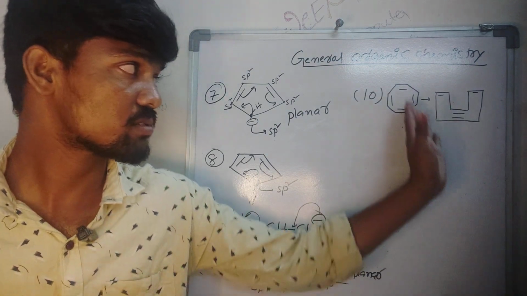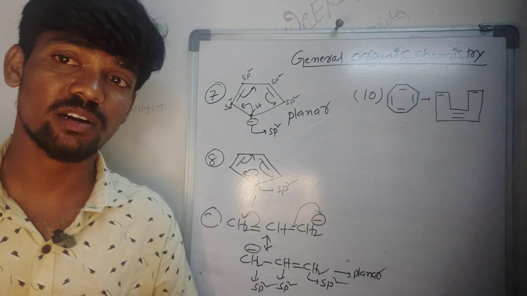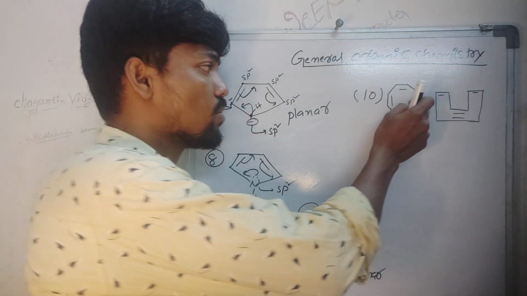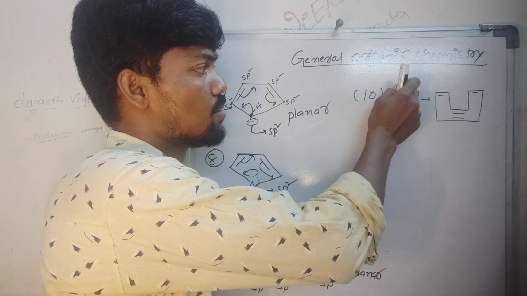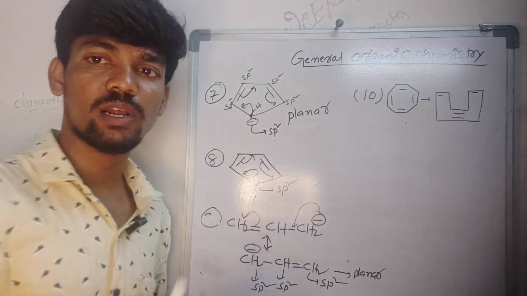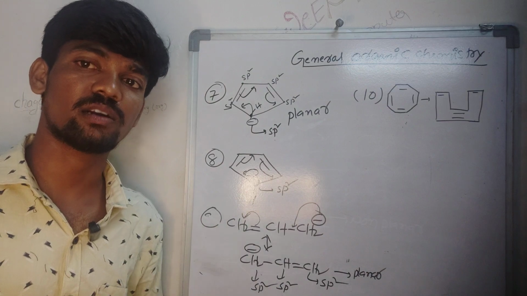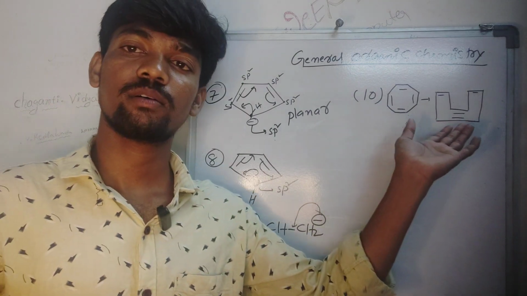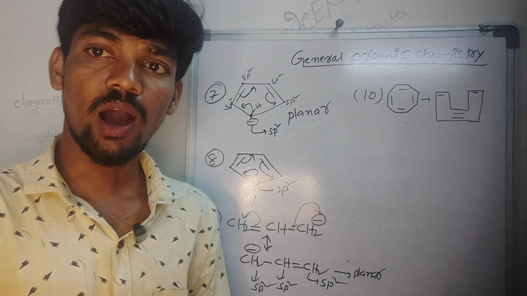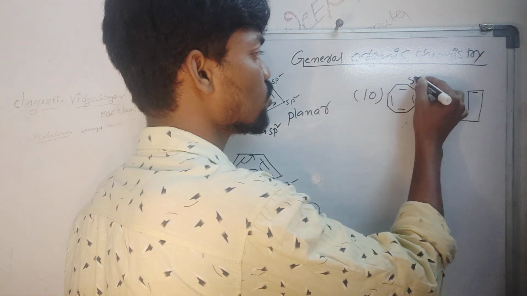Tetra enes are there. 1, 3, 5, 7. Totally tetraenes are there. Cyclooctatetraene. Okay, enes are there. So it means all carbons are undergoing sp2 hybridization.